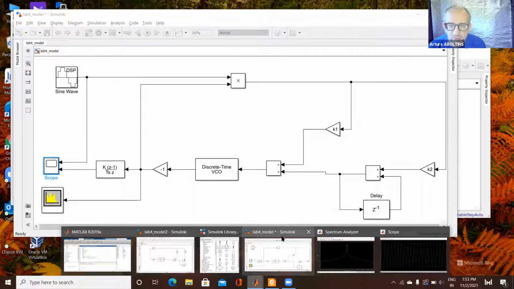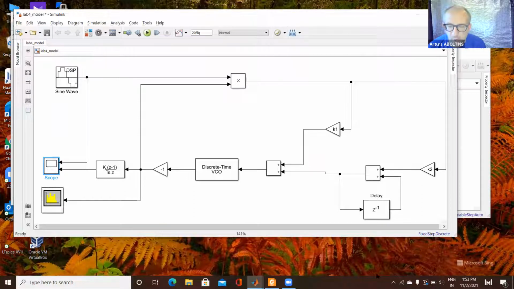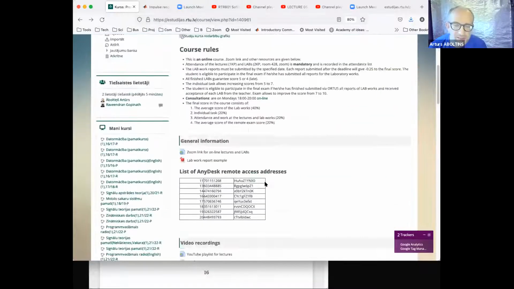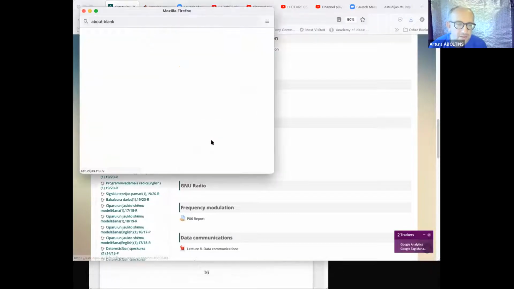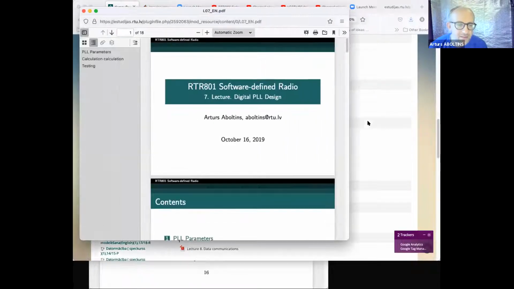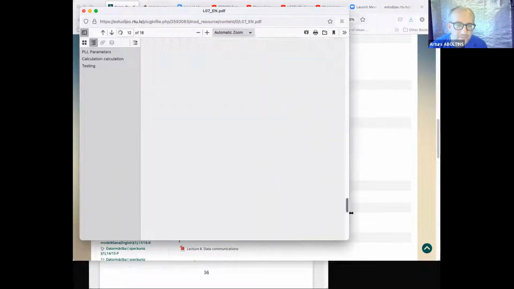What it does is calculate everything in accordance with the formulas which I have put into the lecture slides. If I go to the lecture slides, the PLL design lecture, here we have these formulas for the calculations of all these parameters.